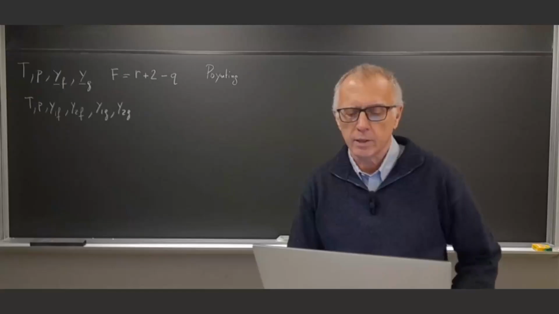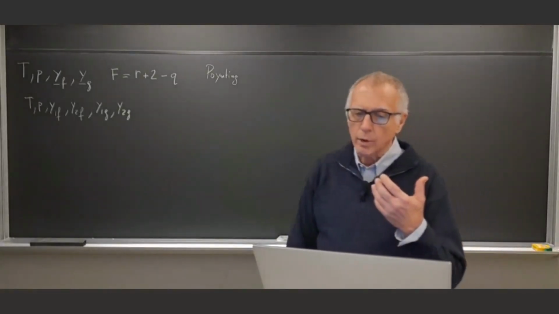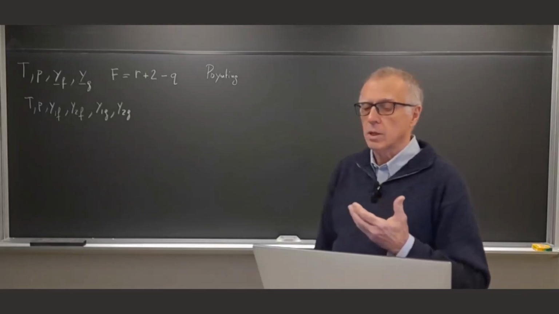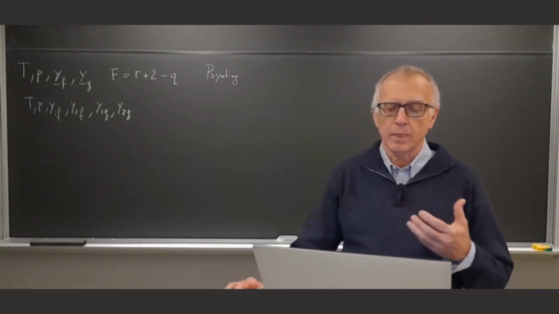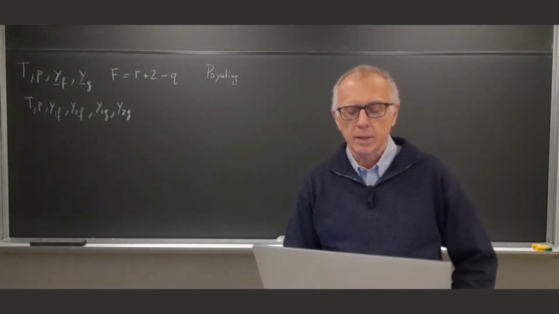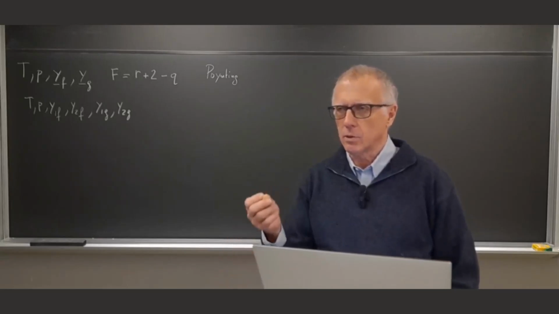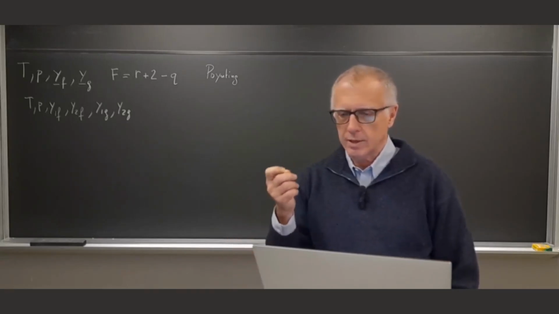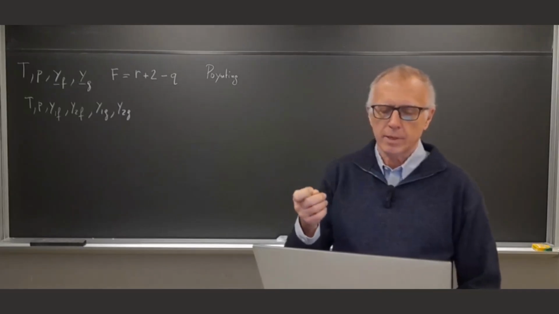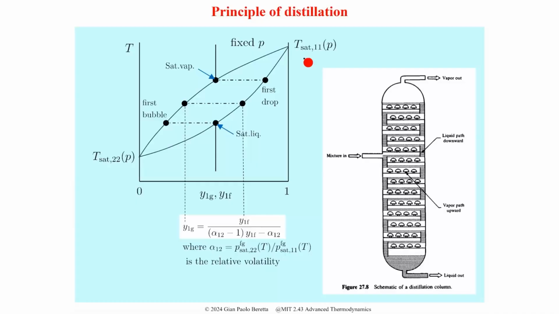And notice that whereas for a pure substance the dew line and the bubble line coincide, and there is only one temperature at which the pure substance becomes liquid and is also saturated, this lens-shaped thing will reduce to just a line.